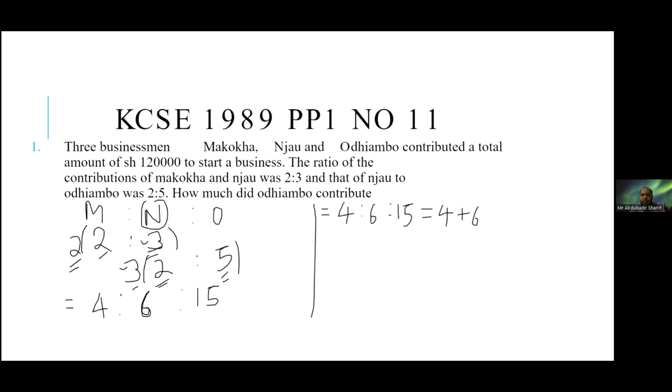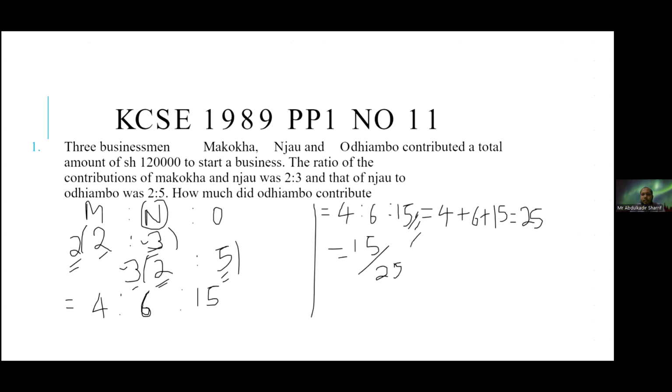Ukiadd hizi tatu, 4 plus 6 ni 10, 10 plus 15 ni 25. So tutafuta Odhiambo, na Odhiambo ako na ratio ya 15. So I'll take 15 over the total ratio ambayo ni 25, times na ile total amount ambayo ni 120,000.